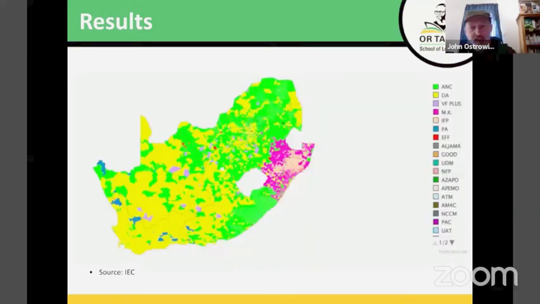All right, so if we look at this map of the electoral results, as you know, yellow is DA, green is ANC, and pink is IFP, and magenta, which is the dark pink, is MK. PA is the dark blue. So if you look at this map of South Africa very briefly, you can see that the DA is concentrated towards Cape Town and fades away from Cape Town.